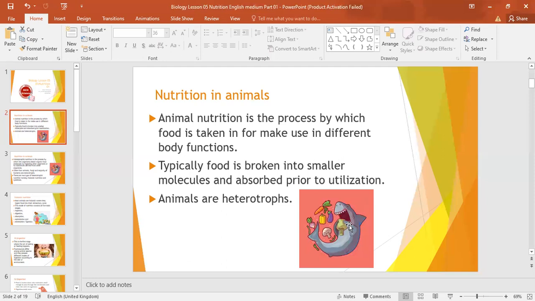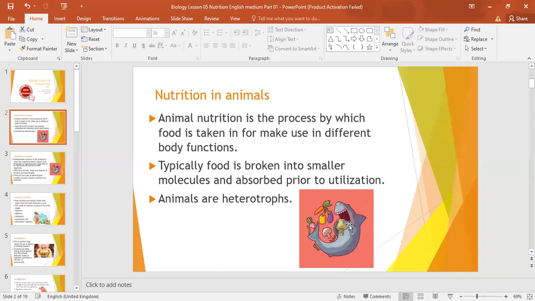Animal nutrition is the process by which food is taken in to make use of in different body functions. Typically, food is broken into smaller molecules and absorbed prior to utilization. When we take a bread particle into our mouth, using our tongue and mainly teeth, it is broken into smaller particles.